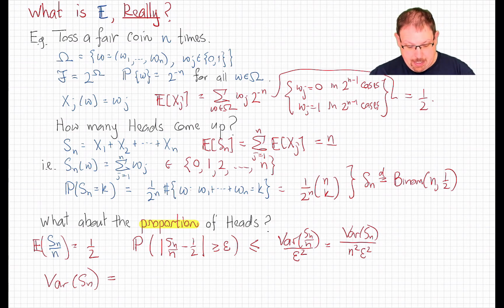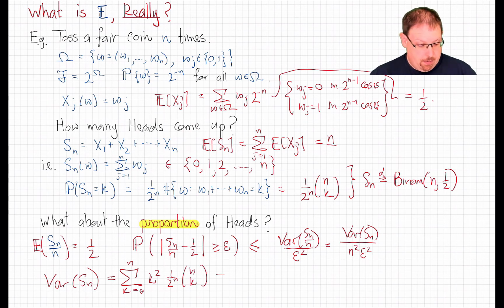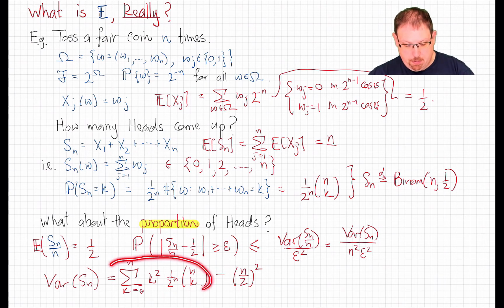The variance is the second moment, which from the change of variables formula is the sum of k squared times the probability of taking the value k, minus the expected value of Sn, quantity squared, which, as we computed above, is going to be (n/2) squared. Now, I am not going to make any attempts to compute this combinatorially.